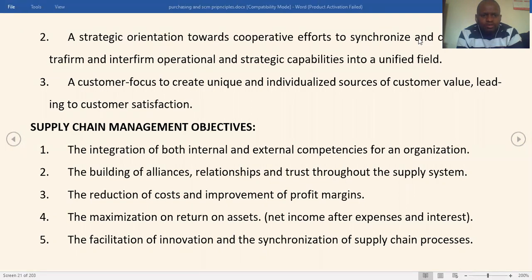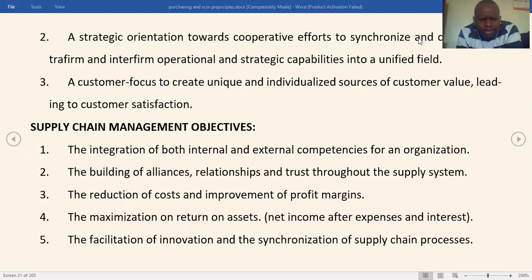One of the objectives is the integration of both internal and external competencies for an organization. So when you implement supply chain management in an organization, you'll be able to integrate various competencies within the organization and without the organization.